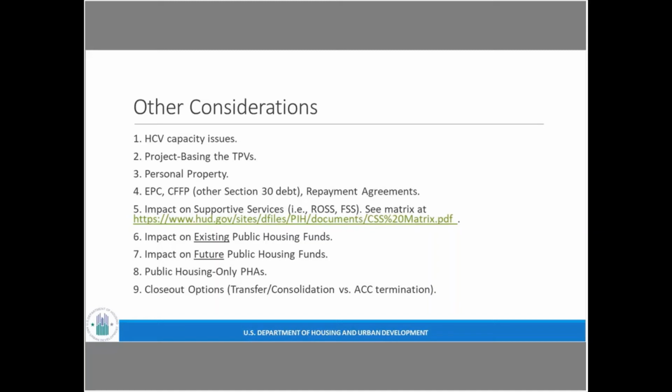Impact on existing public housing funds. After the conversion, after the properties are released from DOT, you won't be able to spend any more public housing funds at the project.